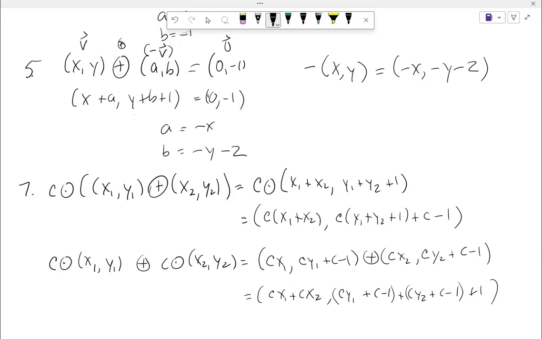Well, I've got cy1 in both of them. I've got cy2 in both of them. I've got a plus c and a plus c. So I got 2 c's, right? And then the constants work too, because I got a minus 1 plus 1 equals a minus 1. So we really do get that those 2 things are equal to each other. The algebra here is not hard.